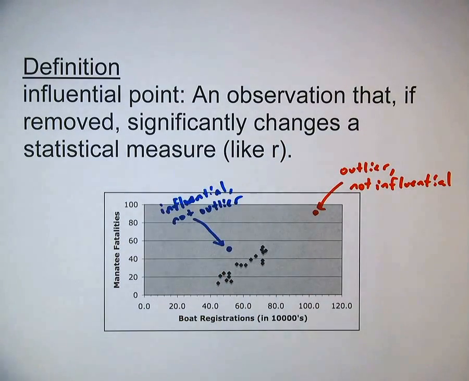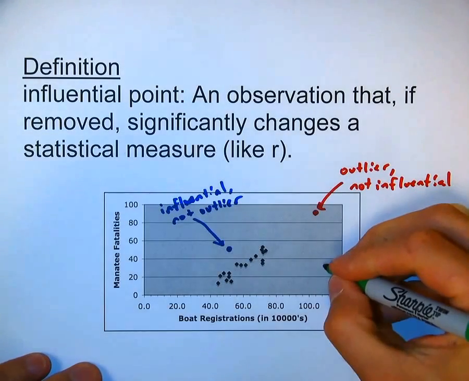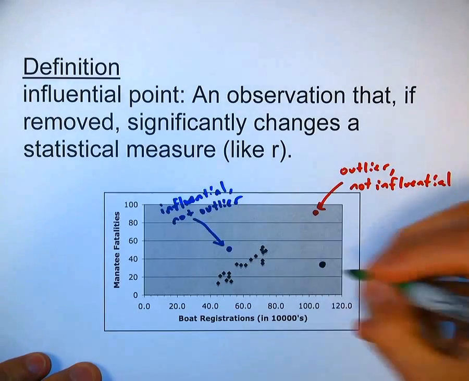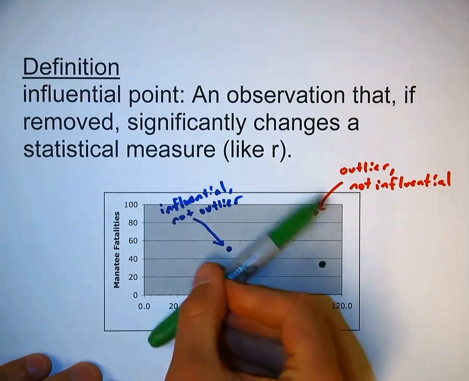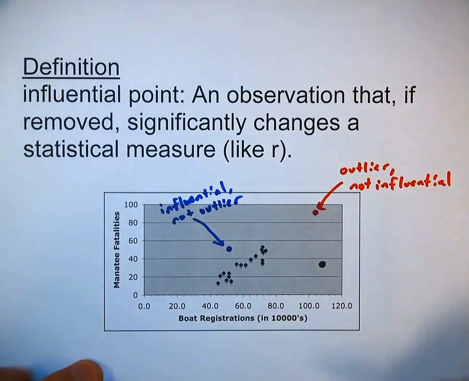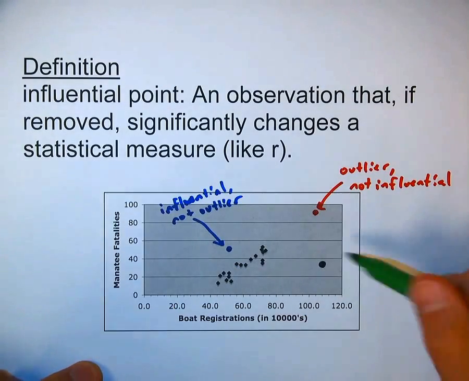Now, if we look at one that's both influential and an outlier, we can maybe look at a point similar to this one out here. This point is influential because it's going to shift the trend down this way, so it's going to make it a less positive correlation coefficient.